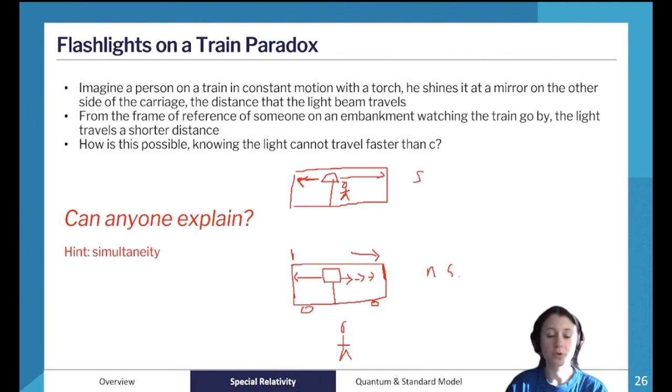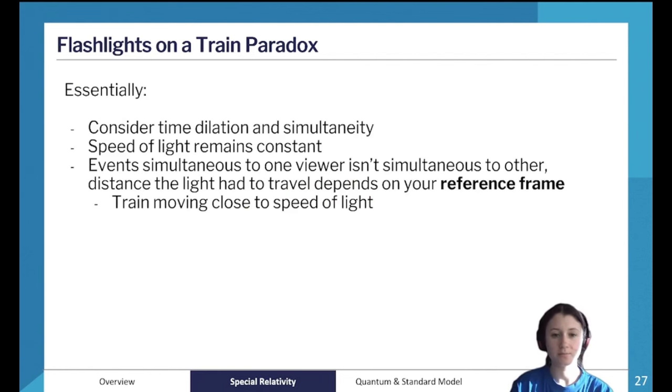So the real question is, how can we explain this? How can something be simultaneous here and not simultaneous here? The key is that events simultaneous to one viewer are not simultaneous to another.